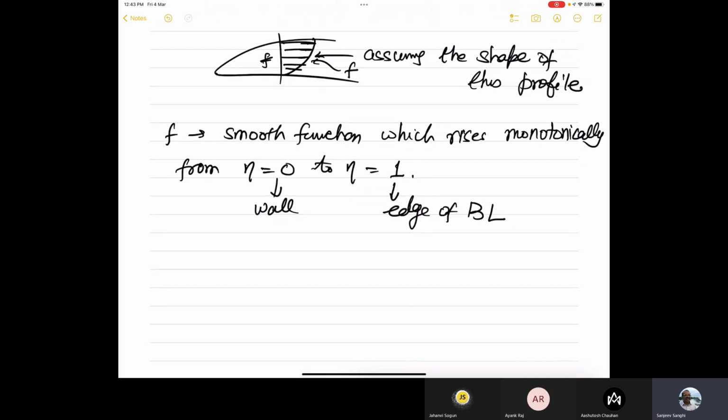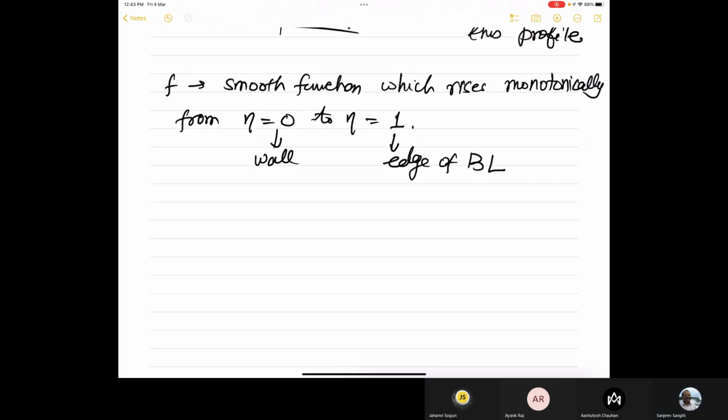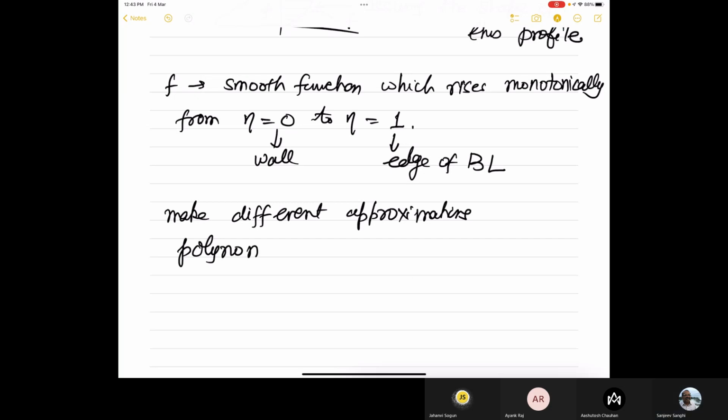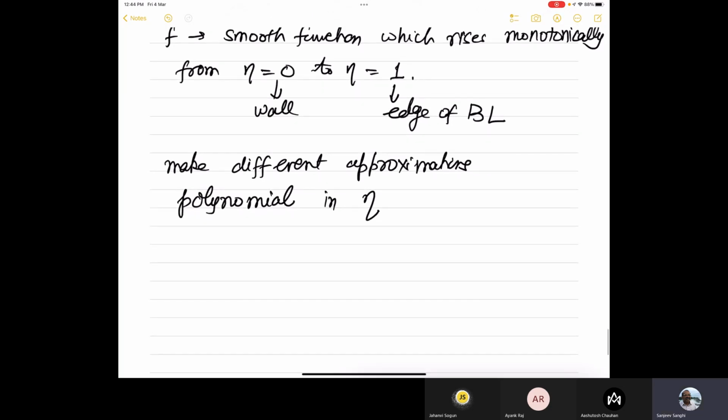And what type of f of eta can we assume? We can make different approximations. One very common assumption which was made is that we assume it to be a polynomial in eta. That means we assume f of eta is equal to a0 plus a1 eta plus a2 eta squared plus a3 eta cubed, and we can truncate it at any level.